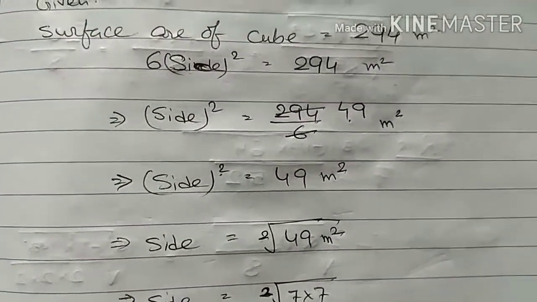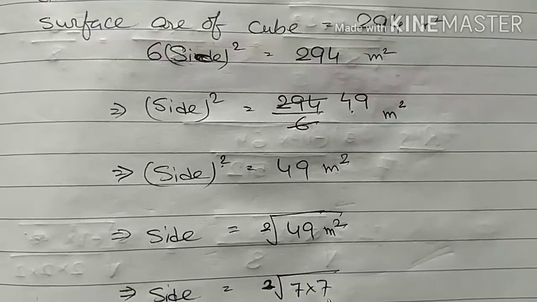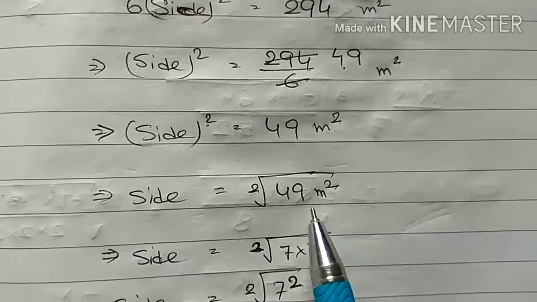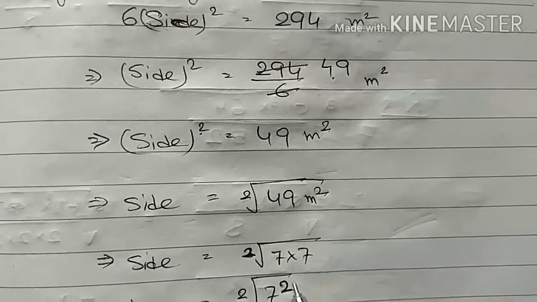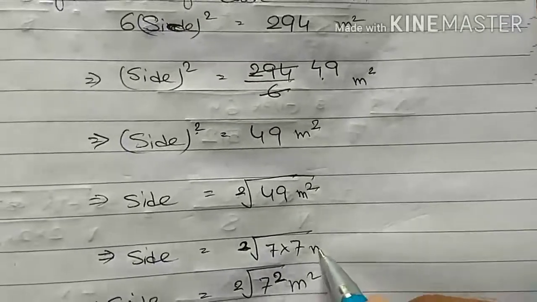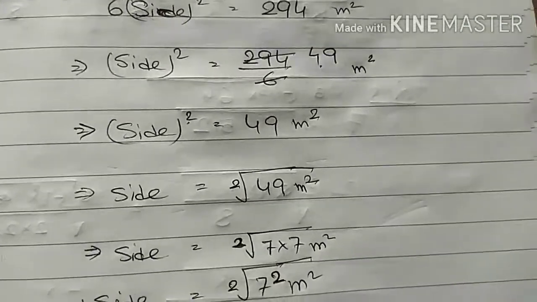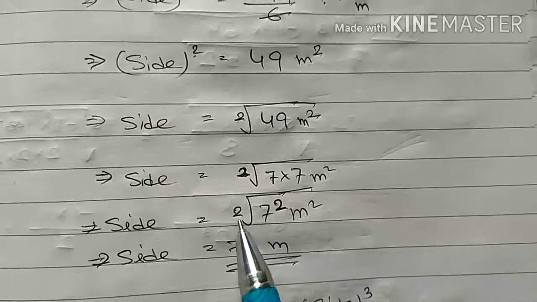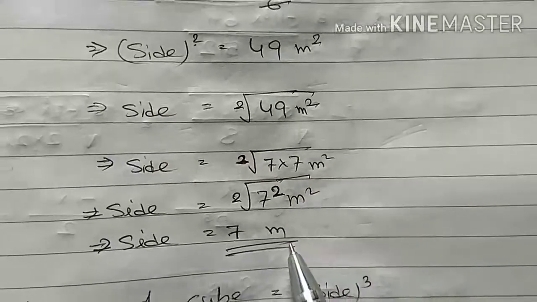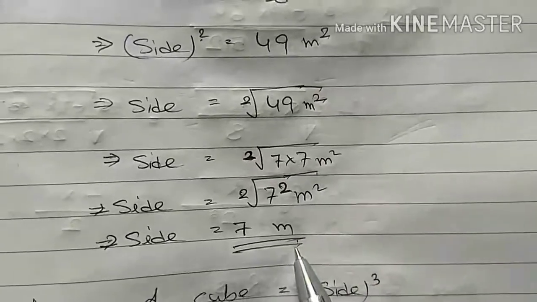Okay. So 49 is equal to 7 into 7. You know that one. So we can write like this. So it becomes 7 square into meter square, and after removing the root, the sign of square will be removed. What will we get? 7 meter. This is the side.